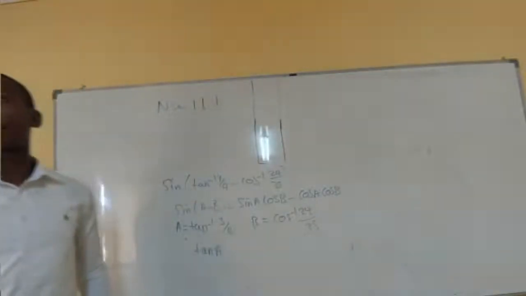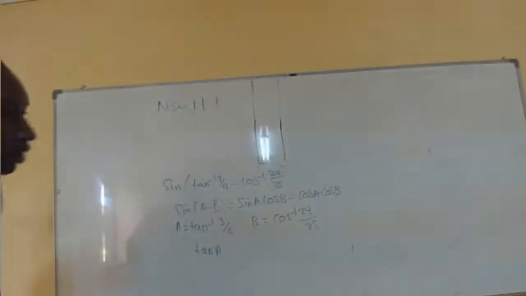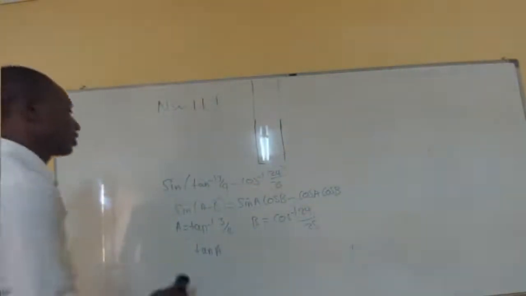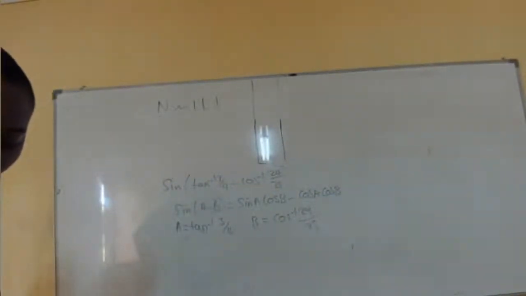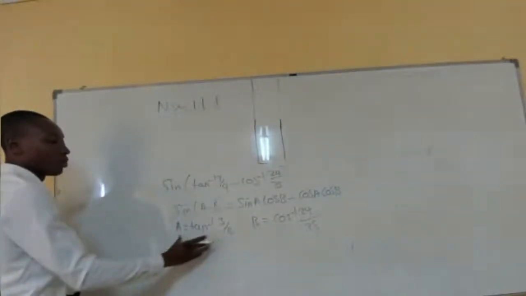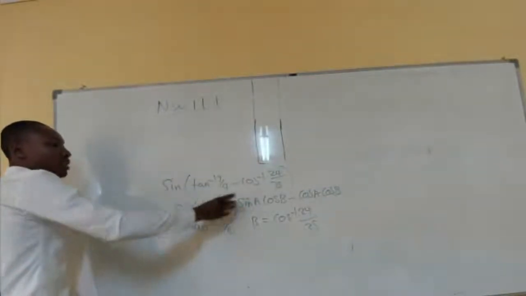Okay, so tan A, tan B. If you've been following, let me write this. So we're basically saying, if you look at this one here and this one here, A is this and B is that.